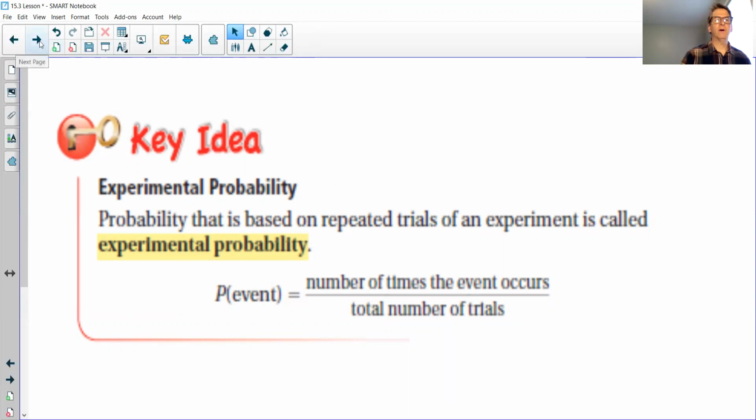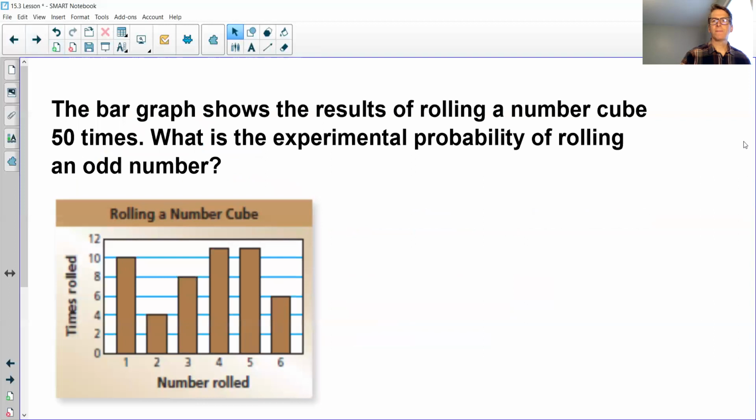Let's look at example 1. The bar graph shows the results of rolling a number cube 50 times. What is the experimental probability of rolling an odd number?